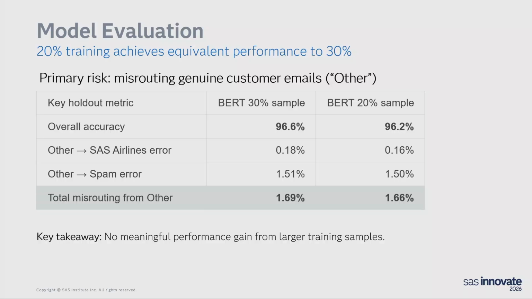Misrouting to SAS Airlines, the error rate is less than 0.2%. And misrouting to spam is a little bit higher, about 1.5%. So the total is about 1.7%, which is really good. I think it's because the spam data is naturally noisier, so it's harder to capture the patterns, while the SAS Airlines patterns are easier for the model to capture.